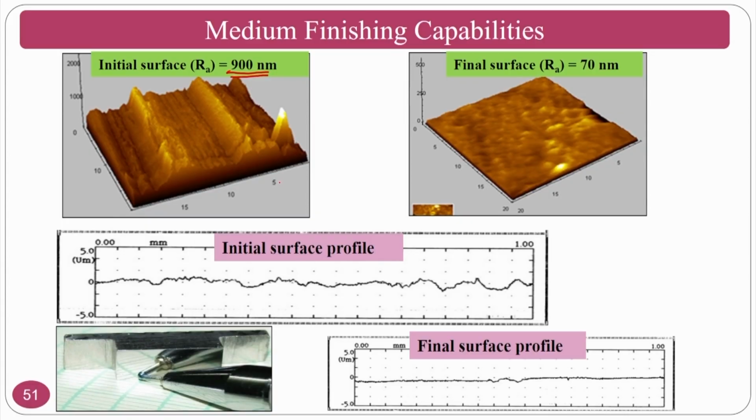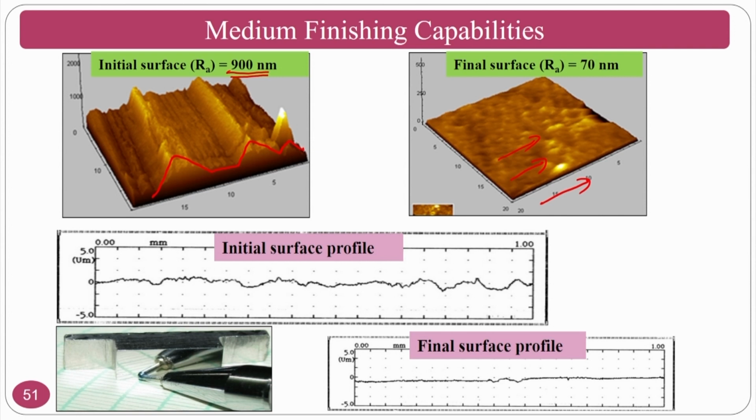Assume that I am going to get 1 micron, and if you ask me for 100 nanometers, that you can see here. This is the initial surface that is done by the grinding operation, and after the abrasive flow finishing process, you can see how the smooth profile is generated. This is the atomic force microscopy, 3D images are provided.